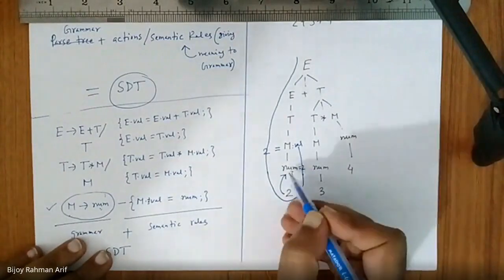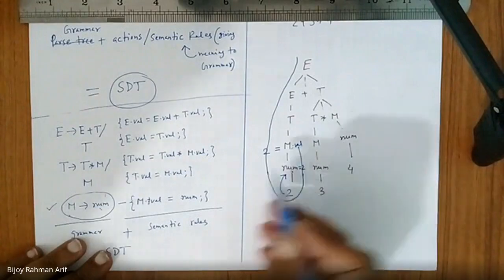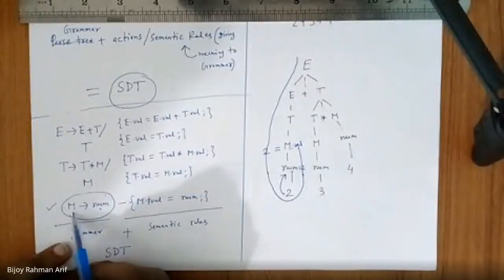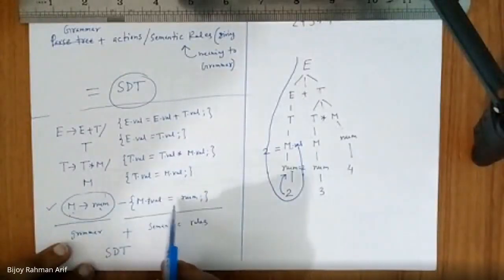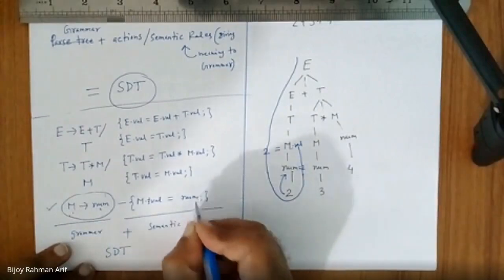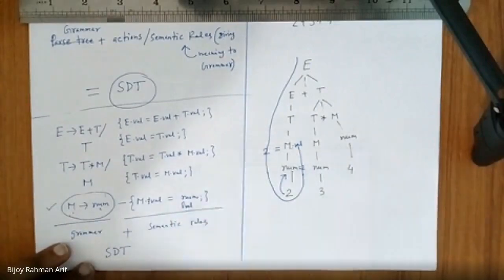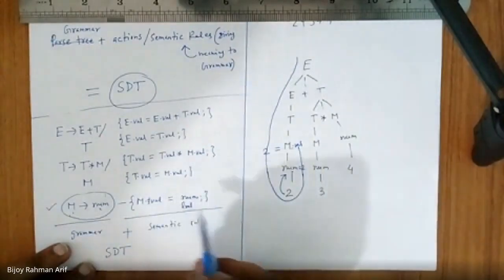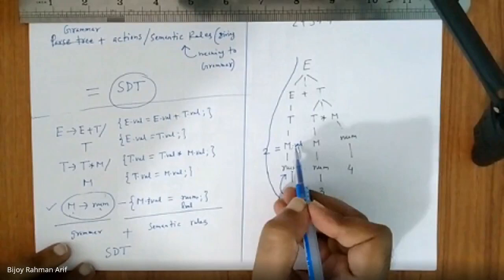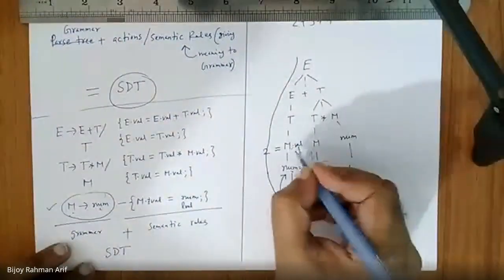Then this num becomes M. This is the production. So what is the action? M dot val becomes whatever the value of num, so you can say num dot lval. In this case, num dot lval is 2, so M dot val would become 2.